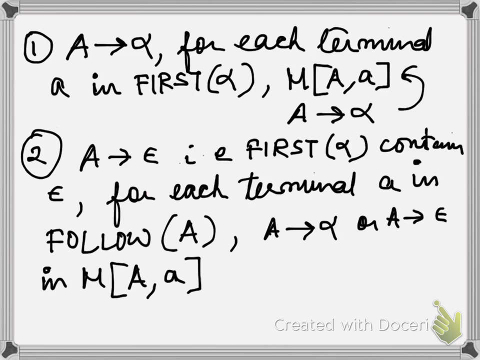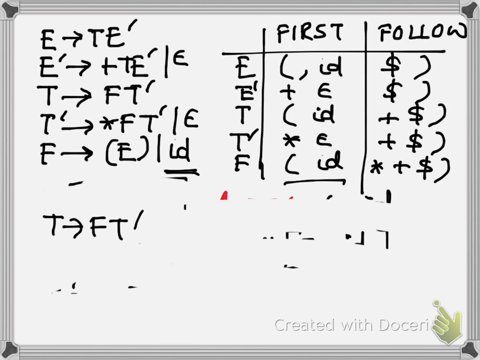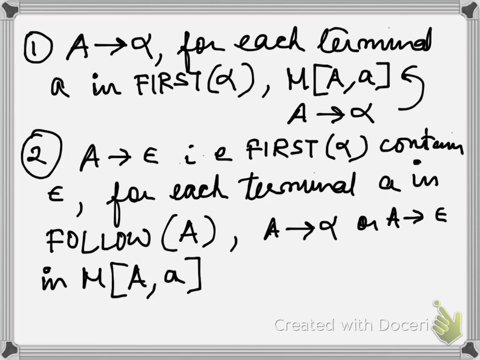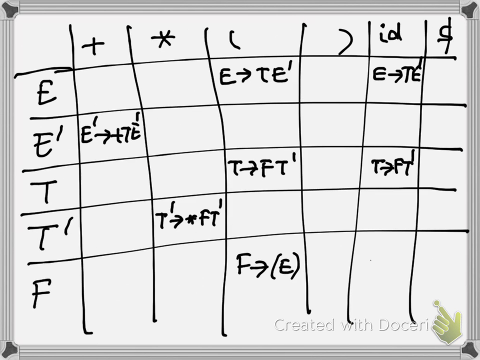Also we have the production F derives ID. First of ID is ID, so F derives ID goes in F and ID. So we have handled all non-epsilon productions.